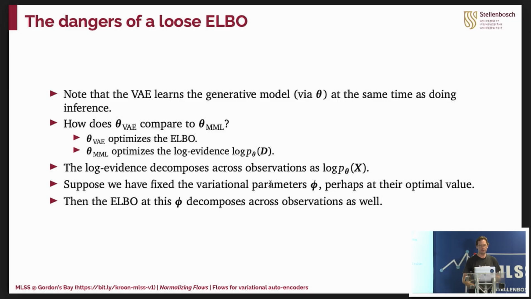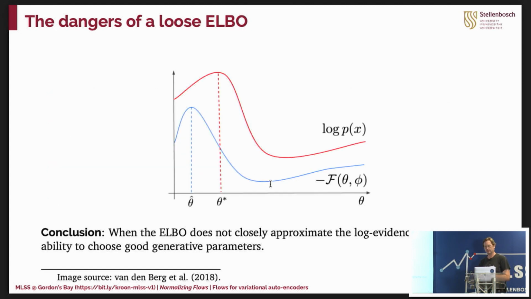So let's suppose that we have chosen some variational parameters, phi. Okay? Now this phi might be at its optimal value or some other value that it's at during training or whatever, but let's just assume it's fixed. Okay? If we know that that's fixed, we can rewrite the ELBO and also decompose it across all the different observations. Okay, so in that case, we can look at how these two things compare to each other.